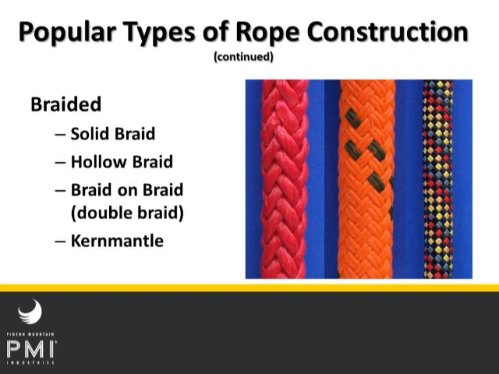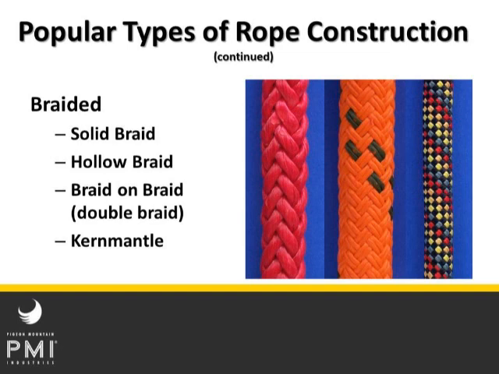You'll also see hollow braids, which is like the outside of a kernmantle rope, where it's hollow in the inside. Some of them are hollow with absolutely nothing, air in the middle. Others have fillers where you'll see chopped up cellophane or whatever stuck in the middle just to fill it up. Then there's braid on braid, which is also known as double braid, and that's where you have a solid braid rope with a hollow braid sheath on the outside of it.